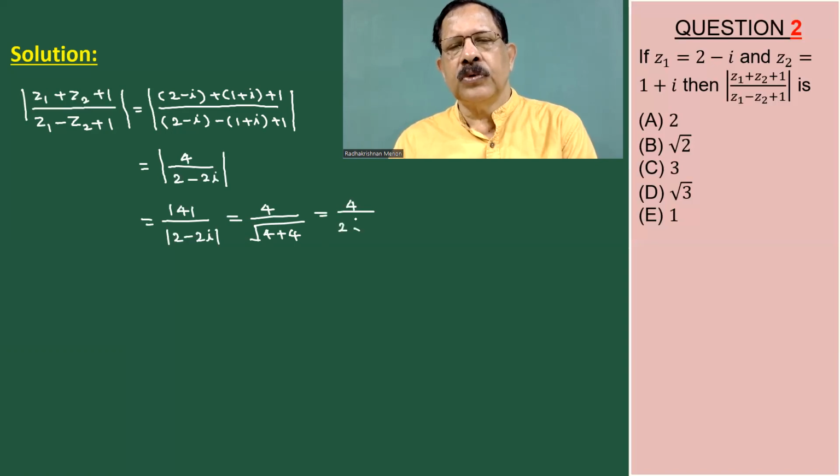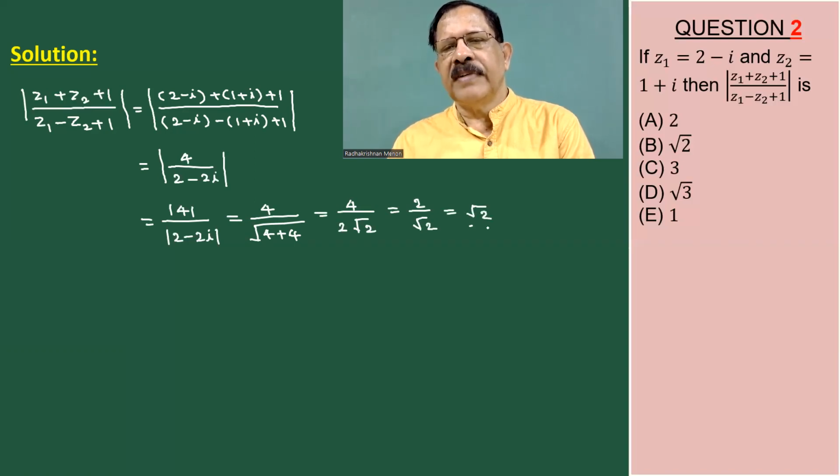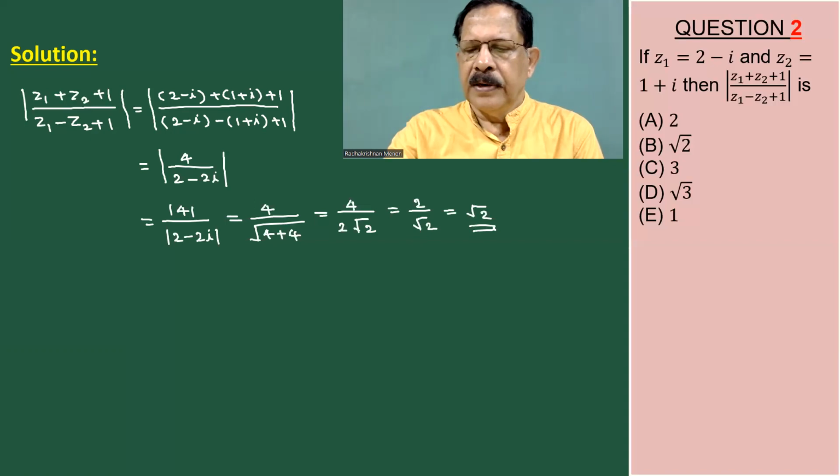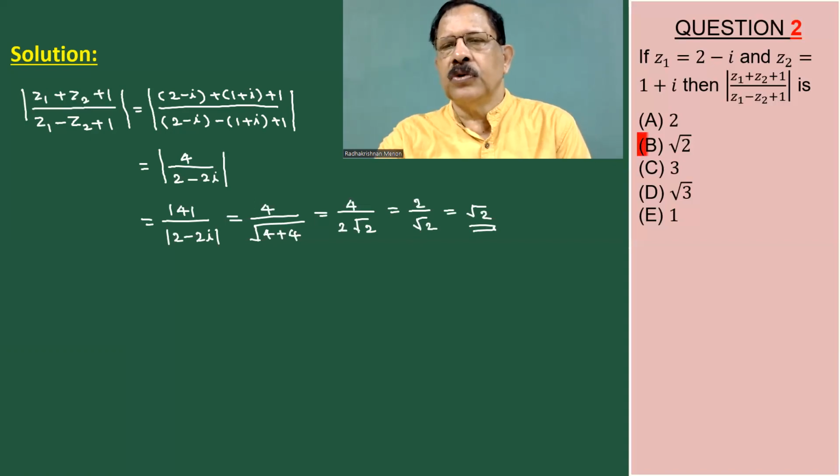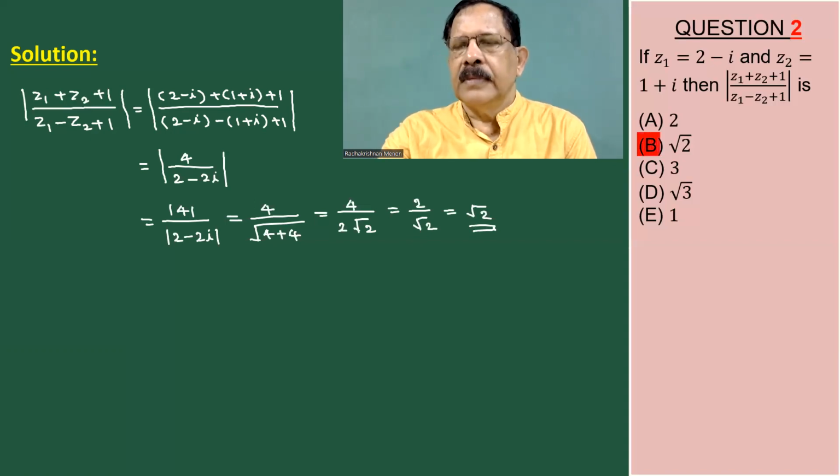Root 8 is 2 root 2. It is equal to 2 by root 2, which is equal to root 2. Simplification. So the answer for that question is root 2, that is option B.